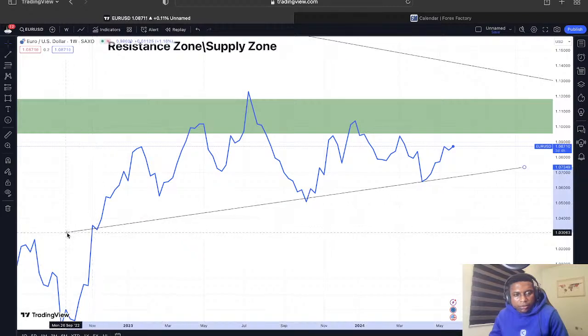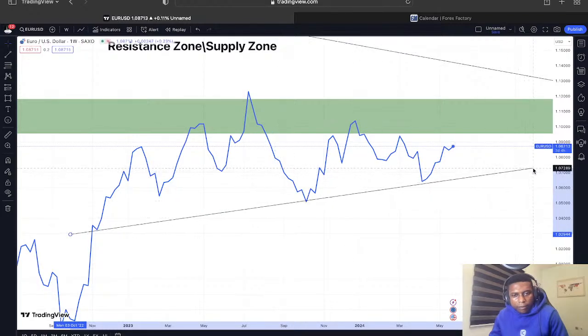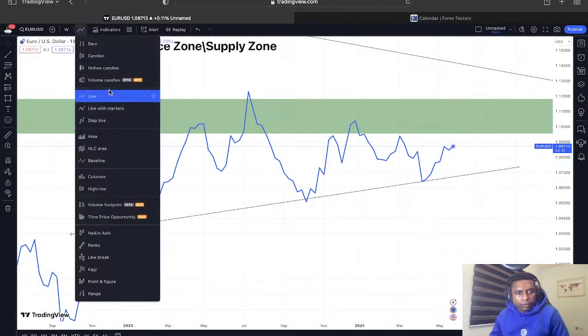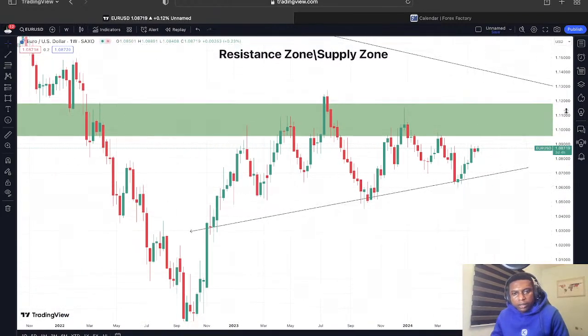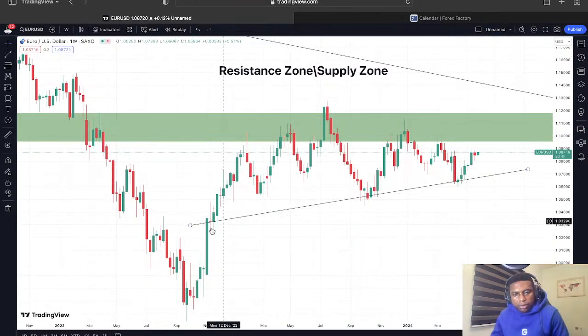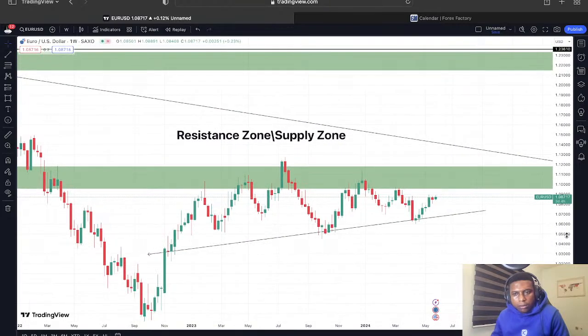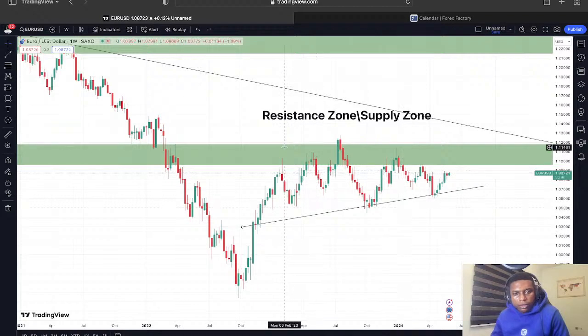So we can see where the lines cut across at this level. Okay. So you can see where this line cut across, and then price consolidating at this resistance zone.